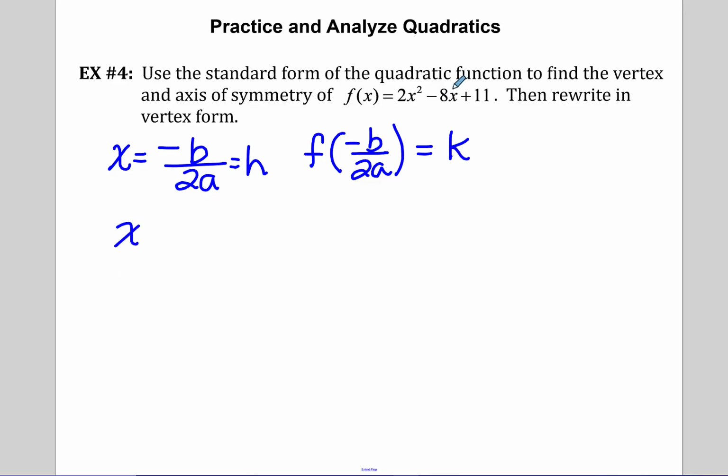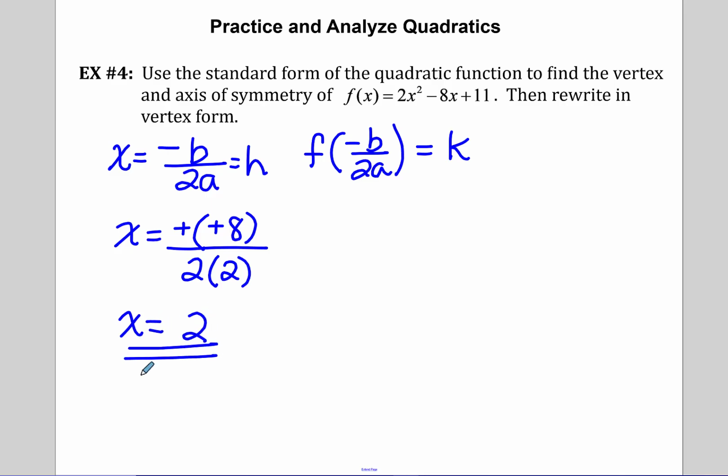So in our polynomial here, our b is -8, and divided by 2 times a, our a is 2. So this is 8 divided by 4, which makes 2 the axis of symmetry. x equals 2 is our axis of symmetry.